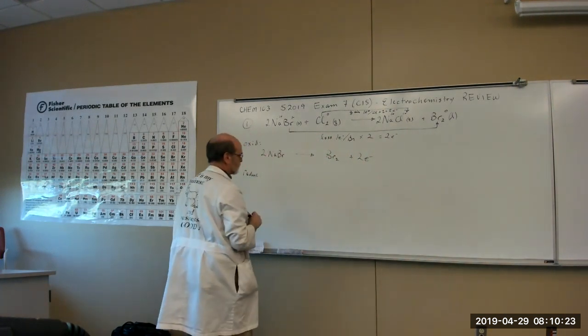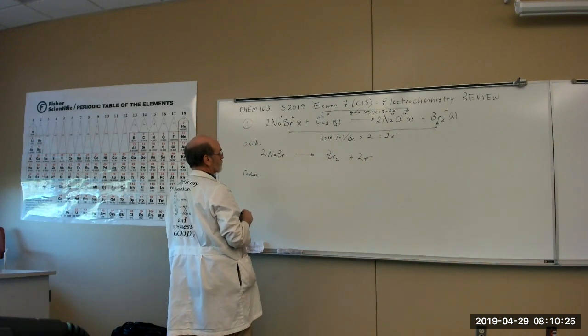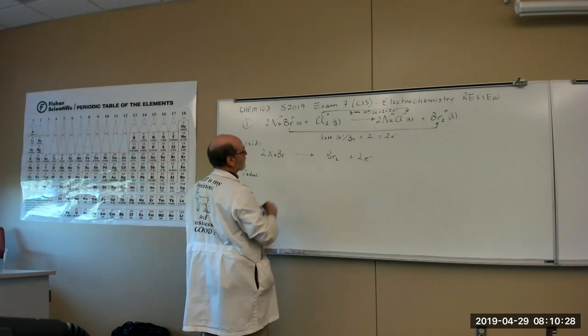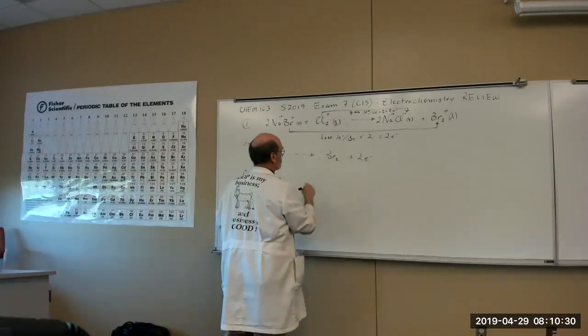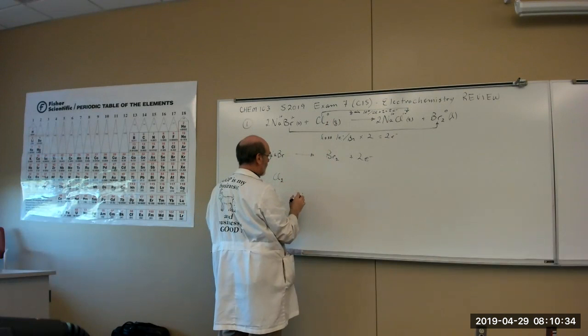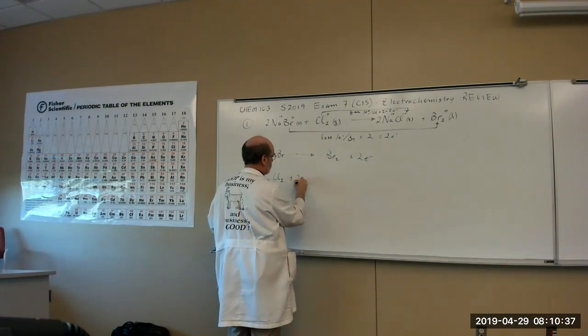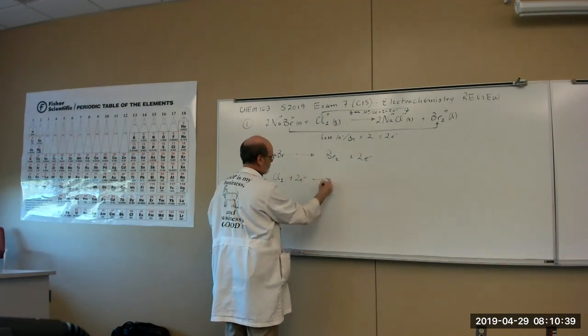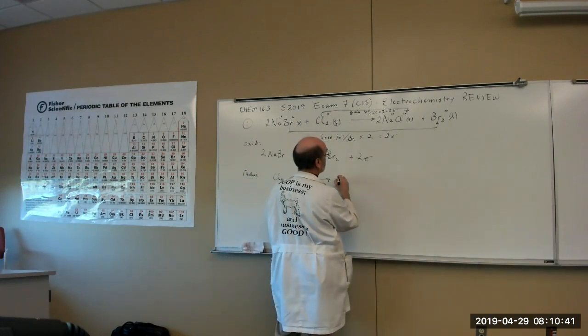Okay, so that's the oxidation. The reduction is going to be gain. Reduction is gain. So we have 2 chlorines, and they gain electrons, so they have to be on this side.